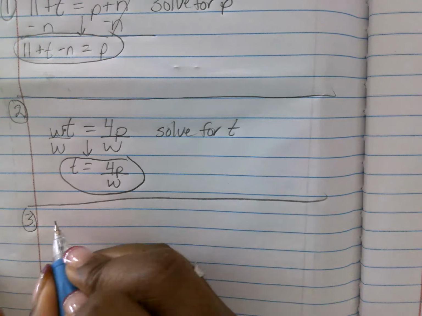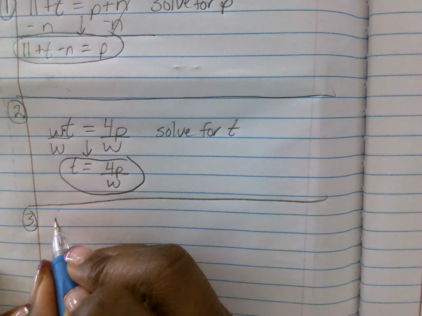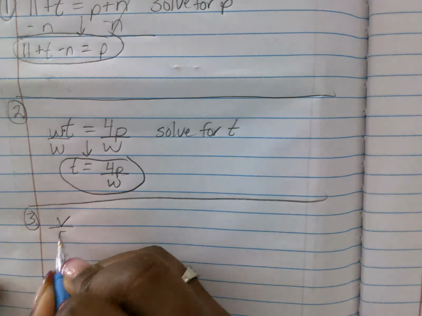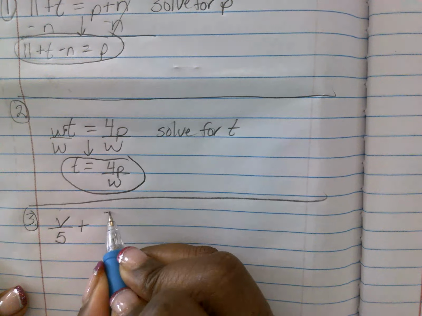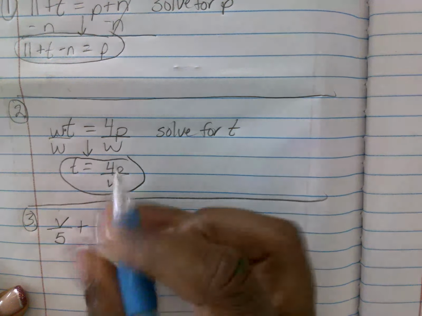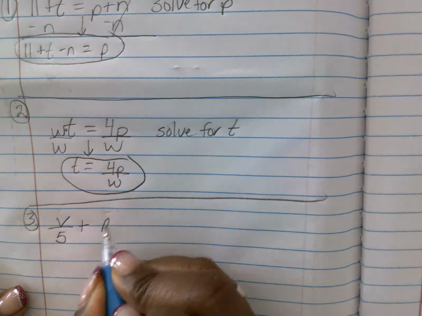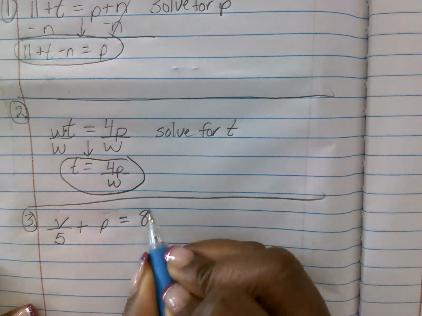Okay. Number 3. Let's do V divided by 5 plus p is equal to 8n.